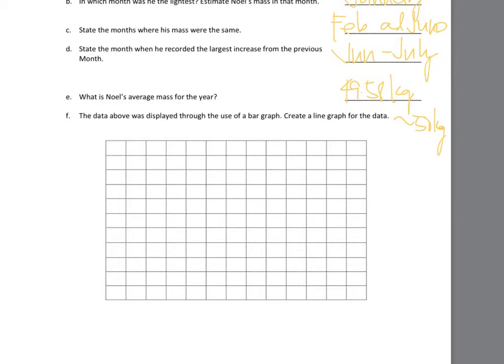We could start with January, February, March, April, May, June, July, August, September, October, November, and December. Let me just check: 1, 2, 3, 4, 5, 6, 7, 8, 9, 10, 11, 12. Okay, and then go back to the data.